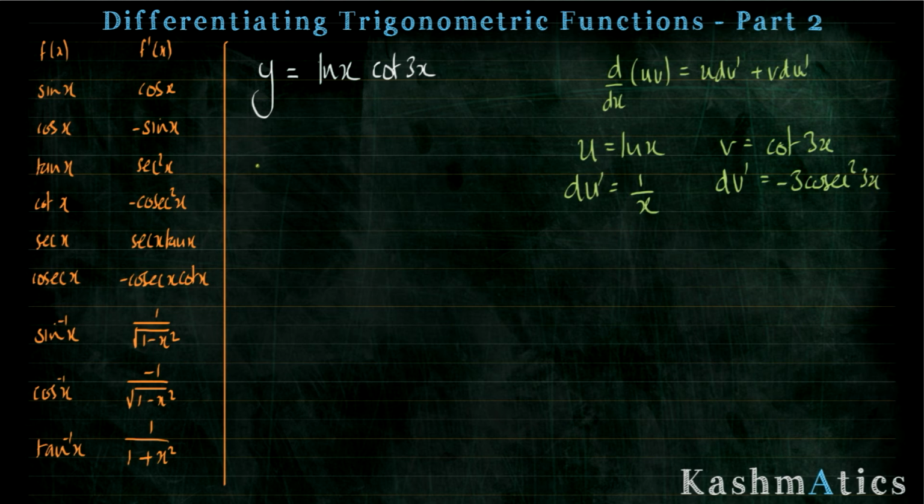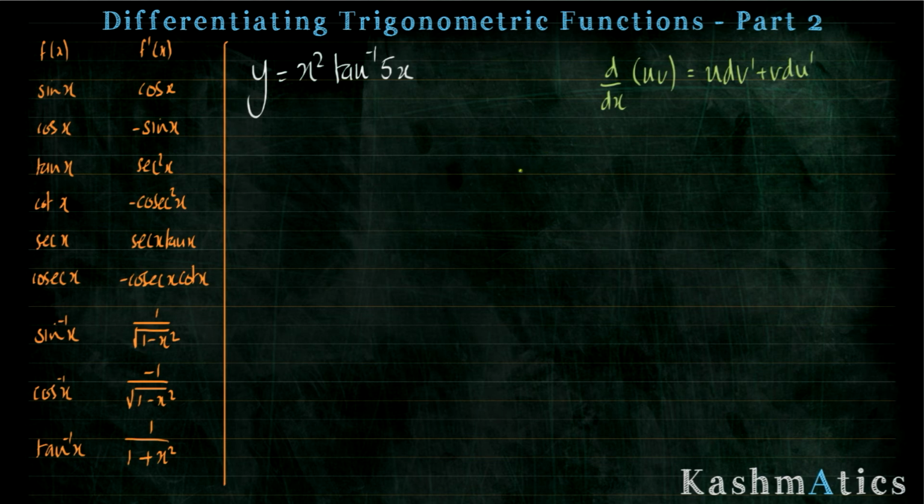So we just need to put it all together. dy by dx is equal to u dv, so these two multiplied together, so it'd be minus 3 ln x cosec squared 3x plus these two multiplied together, which would be cot 3x over x.